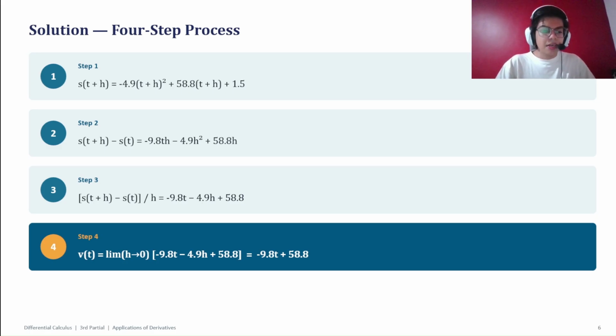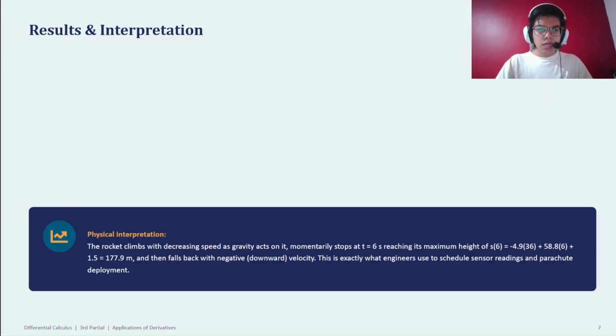This is important. v(t) equals the limit as h approaches 0 of (-9.8t - 4.9h + 58.8), which equals -9.8t + 58.8. We have the results here and the interpretation, but I want to explain the interpretation first to understand more.